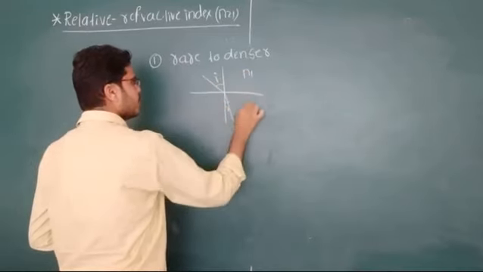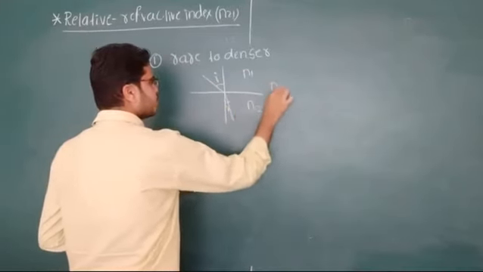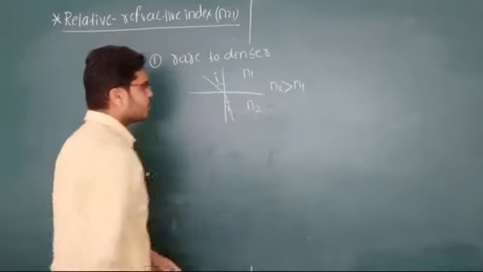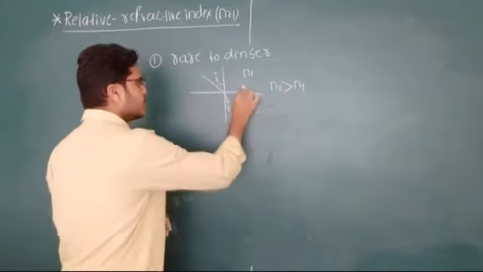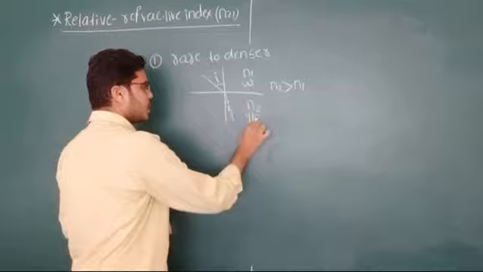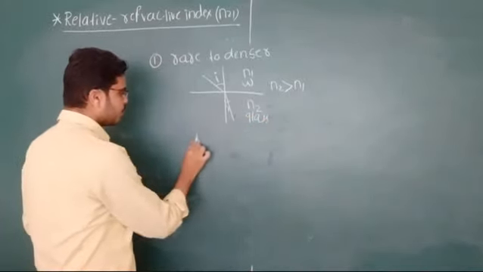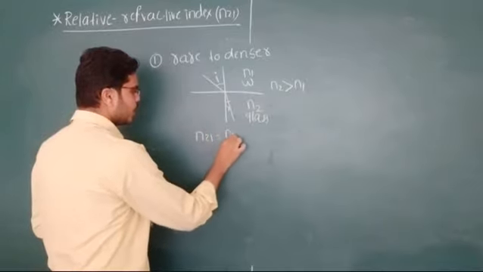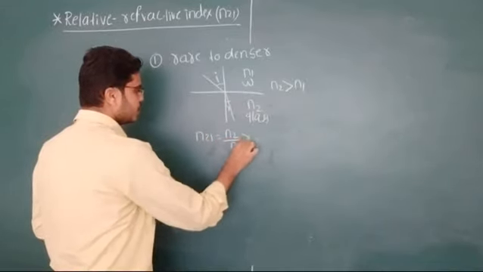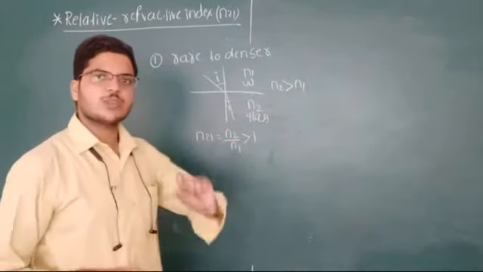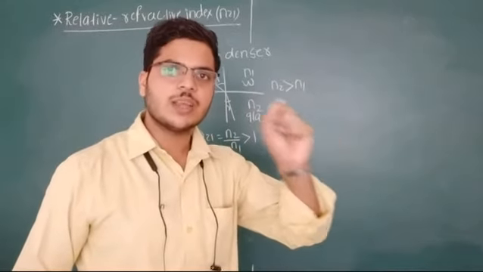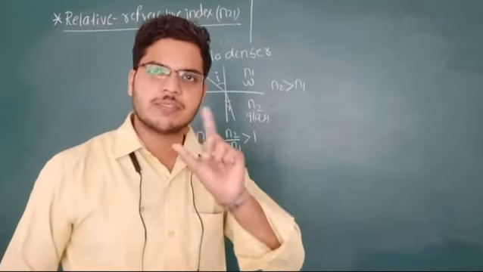This is N1, this is N2. N2 is more compared to N1. This is water, this is glass. Then N21 is equal to N2 by N1, which is greater than 1, because 1.5 divided by 1.33 is greater than 1.